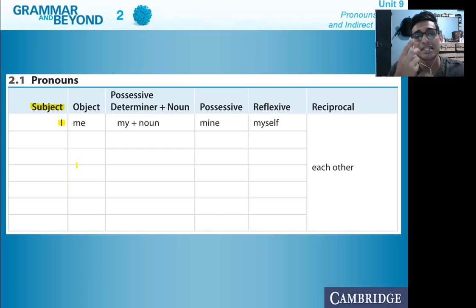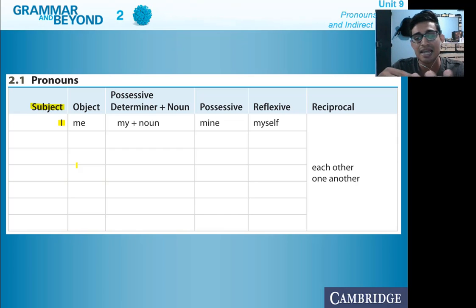This means that person A kisses person B and person B kisses person A as well. We have another kind of reciprocal pronoun. We have one another. In this case, one another is used similar to each other, but when we have three or more persons or people in that conversation.